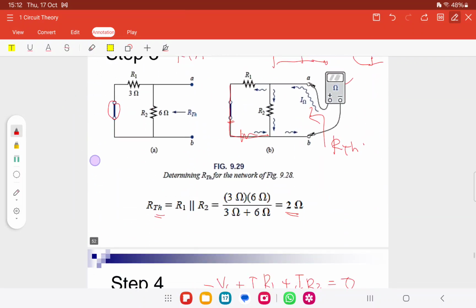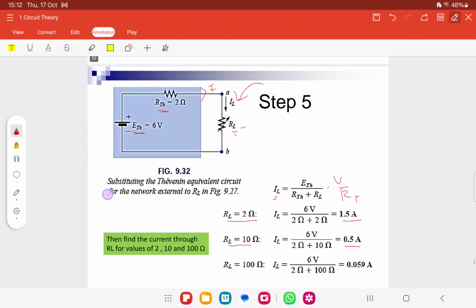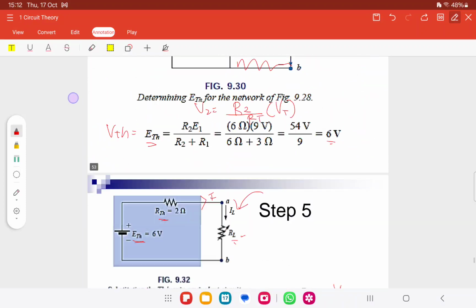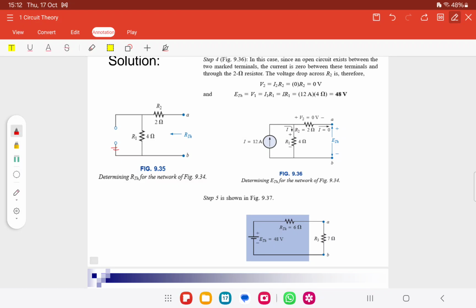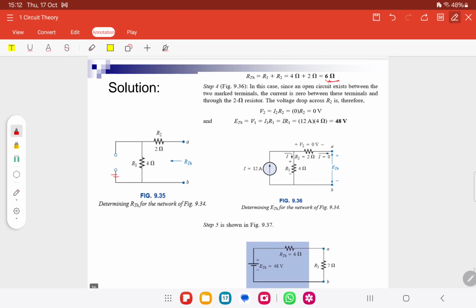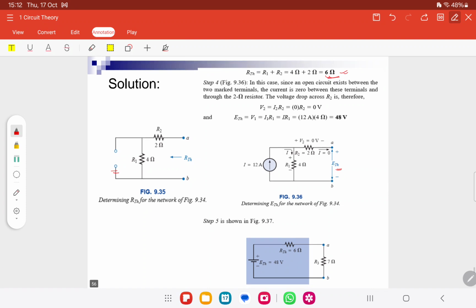Okay? Alright. So, tadi kat sini kan? Okay. So, yang ni dah settle. Dapat 6. Now, we want to get the value of the VTH tu. Dia sebenarnya macam ni.